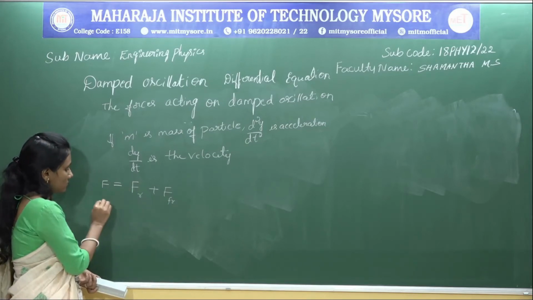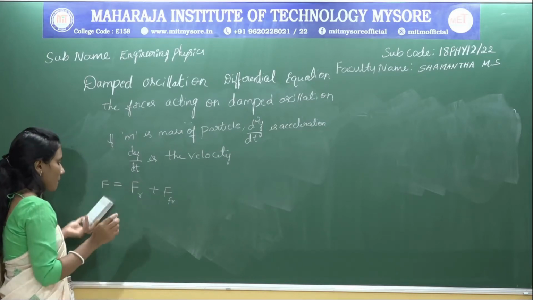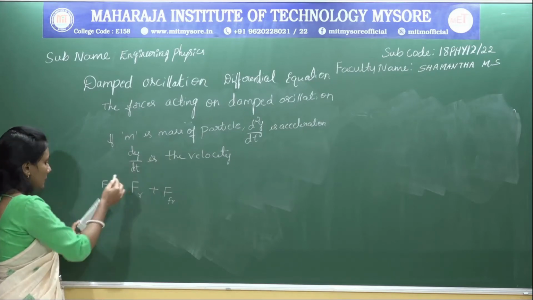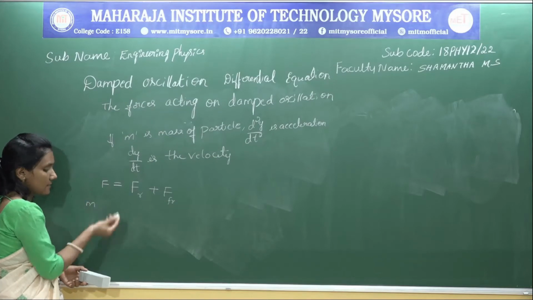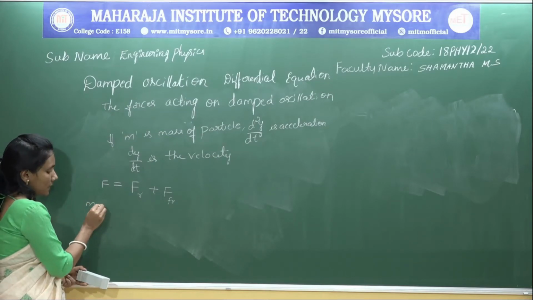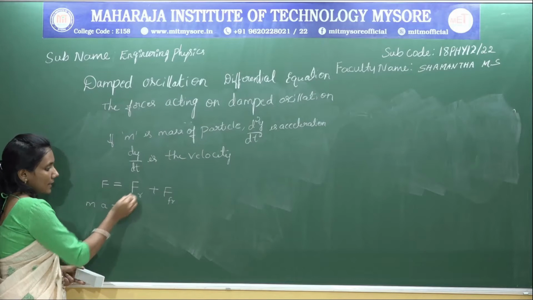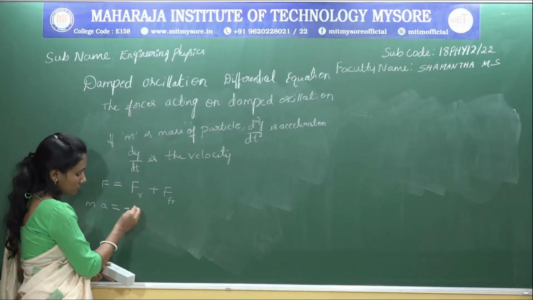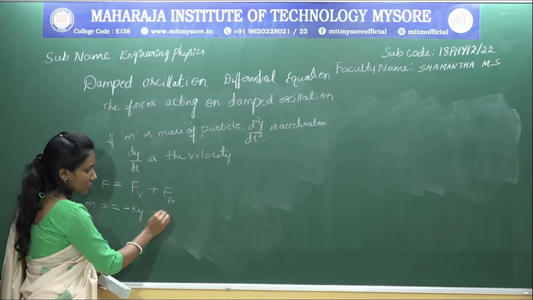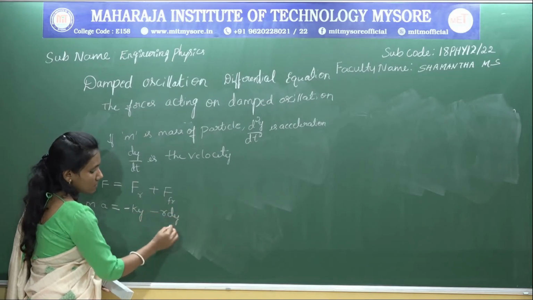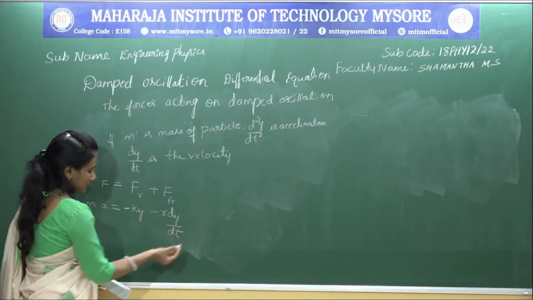The restoring force is m into a, where m is the mass of the particle and a is the acceleration, and the frictional force is Fr equal to minus ky, and the frictional force acting here is minus r dy by dt.